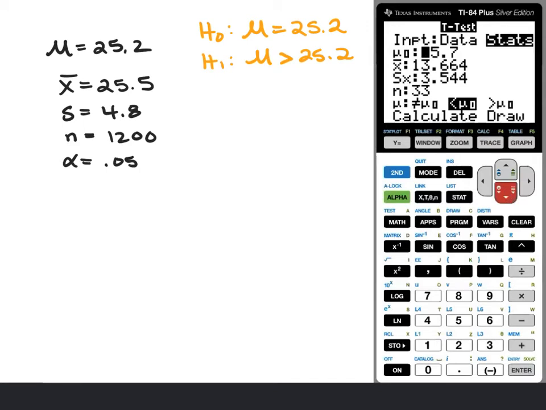So now, put in our null hypothesis, 25.2. And our sample data, so we had a sample mean of 25.5, standard deviation of 4.8, and a sample size of 1,200. We want to know if this has increased, so I need to change my alternative hypothesis to be greater than. And then I'm going to calculate.